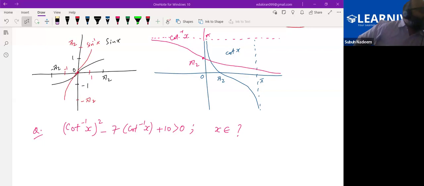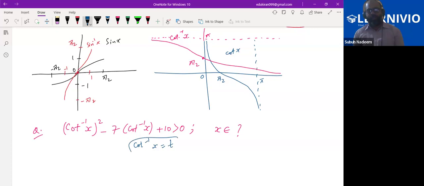Okay, so you have noted it down, I hope. Now, first of all, what you have to observe here is that let us take cot inverse x as a variable t. Instead of taking cot inverse x, let us take it as t. So this will become t square minus 7t plus 10 greater than 0.